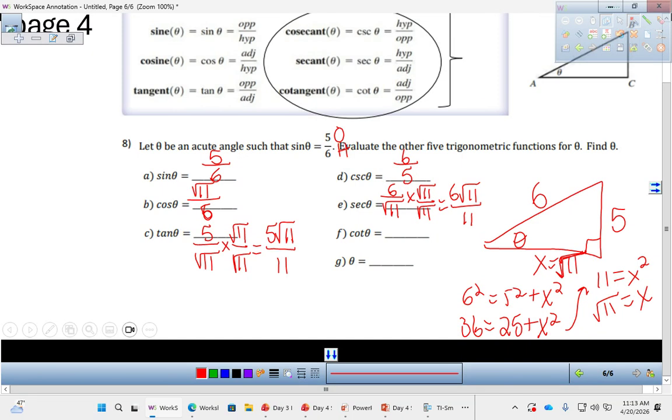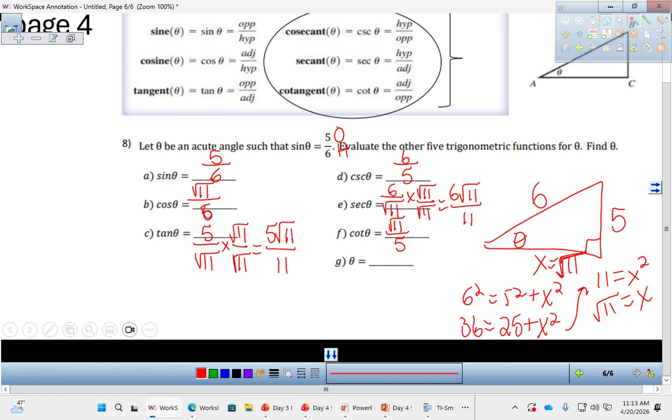You're going to flip the fraction, right? Don't flip this fraction. If I flip that fraction, a root's going to end up in the bottom. If I flip the original fraction, the root just goes in the top and you don't have to rationalize. So instead of flipping this one, I'm going to flip the original and say that the cotangent is root 11 over 5. You could flip this and you just have to re-rationalize, and you're going to end up back here anyway. So just save yourself the work and flip the original rather than the simplified.